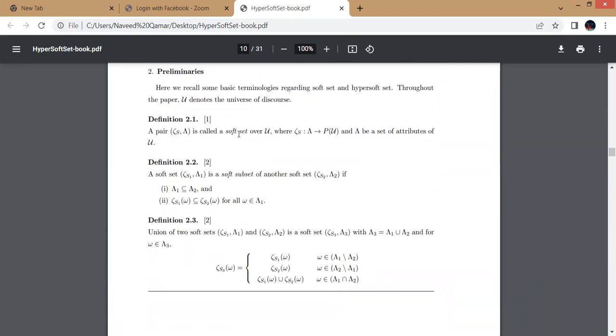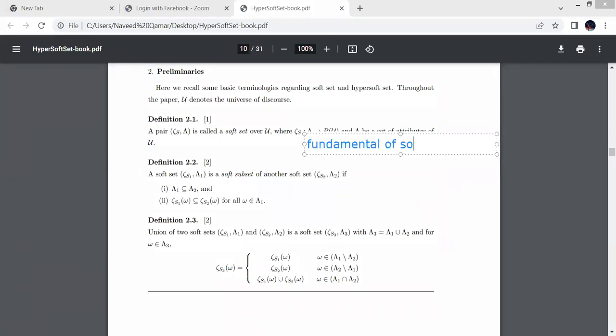You can see the definition of soft set from our previous lecture or from a paper titled fundamentals of soft set theory.